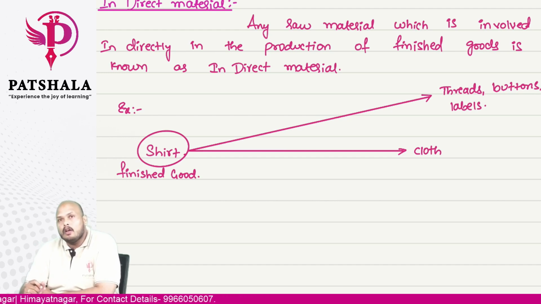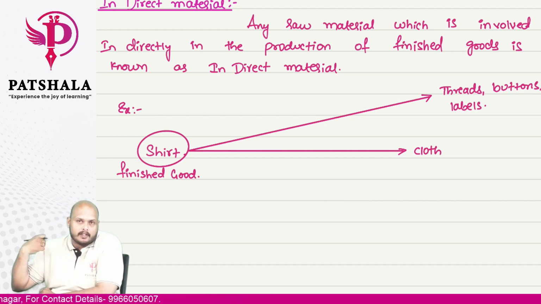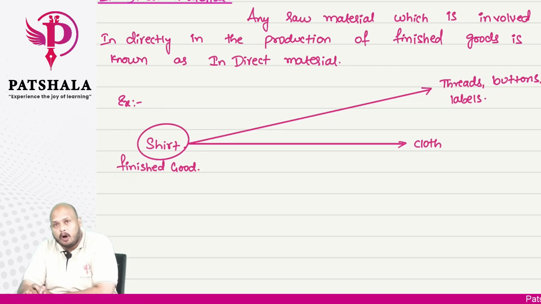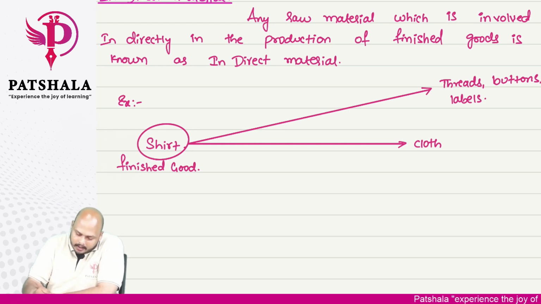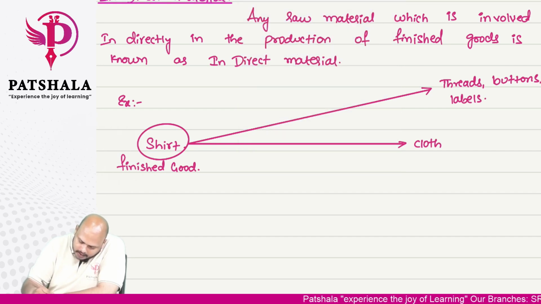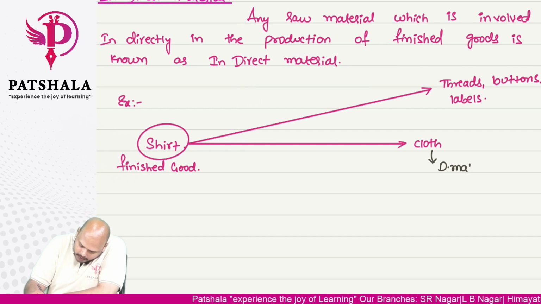What is the majority of the portion visible on this t-shirt? Cloth, obviously. So this cloth is directly involved in the production of this t-shirt. That is the reason this cloth is classified as a direct material here.